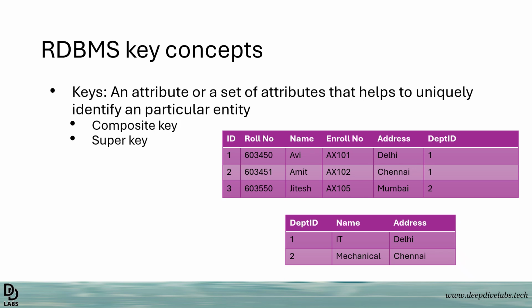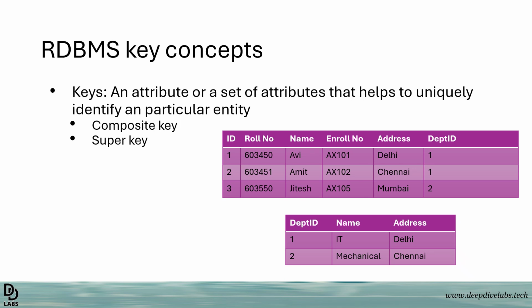A super key is a set of attributes that can help to uniquely identify a particular entity. For example, roll number can be an attribute. Roll number and name together as a set can uniquely identify a row. Enrollment number can be a key. So all of these sets, right?